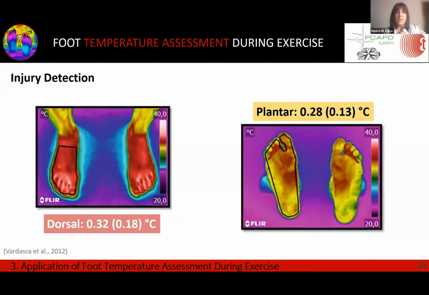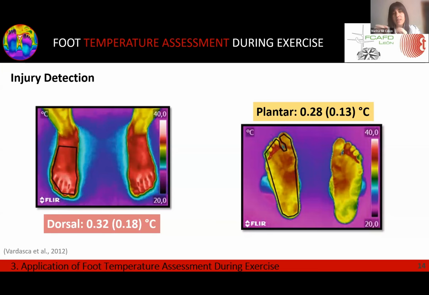And specifically in the foot, both in the plantar and dorsal part of the foot, the asymmetries between both feet are typically around 0.33 degrees.